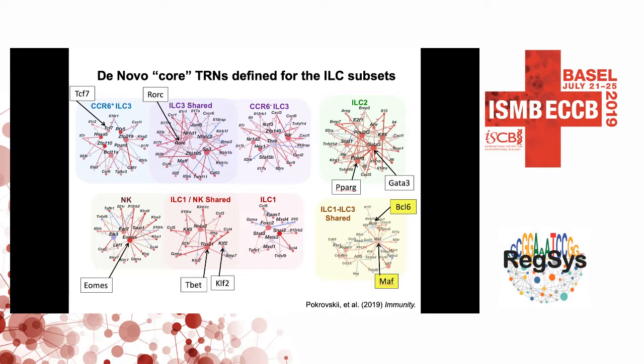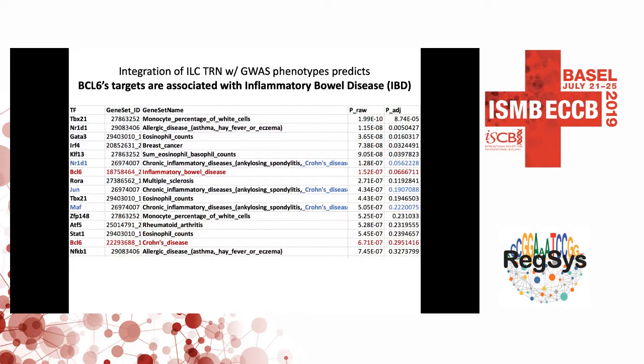Getting back to this question of immunoengineering, once you have a transcriptional regulatory network in a new cell type, you have the opportunity to try to figure out what role a transcription factor in a particular cell type might have. Essentially, for each transcription factor in the network, I tested for enrichment of the transcription factor's target genes in different phenotypes from the GWAS catalog.